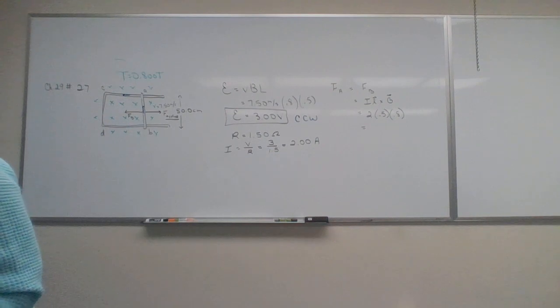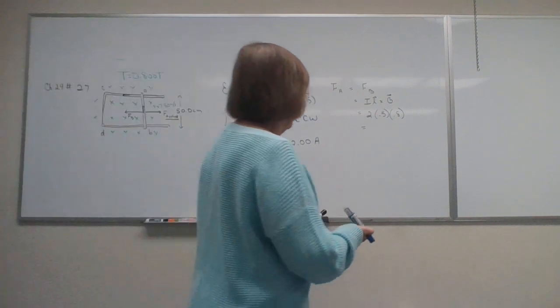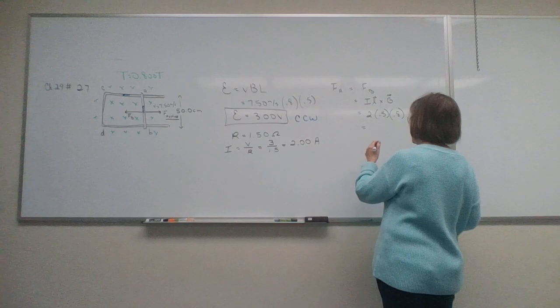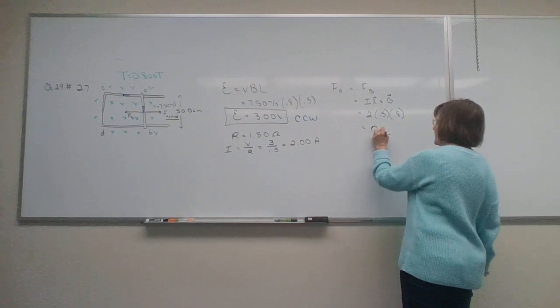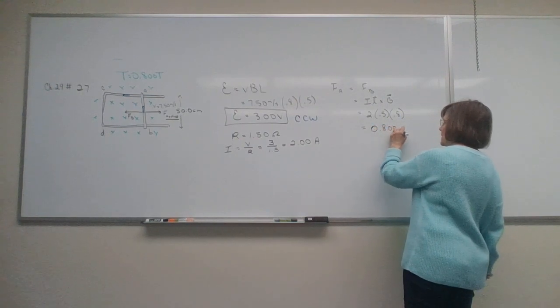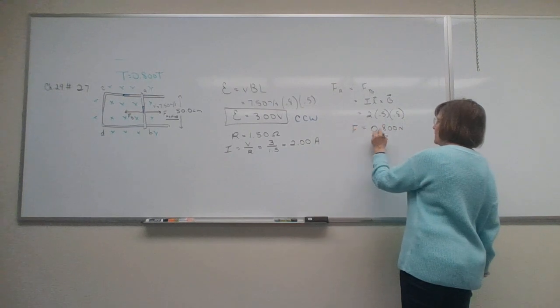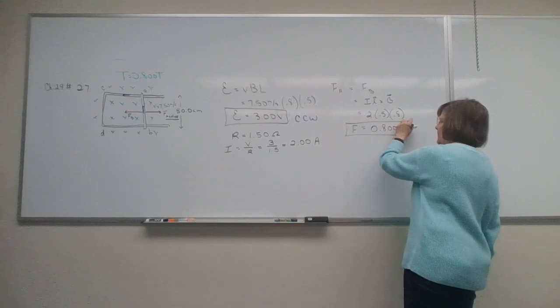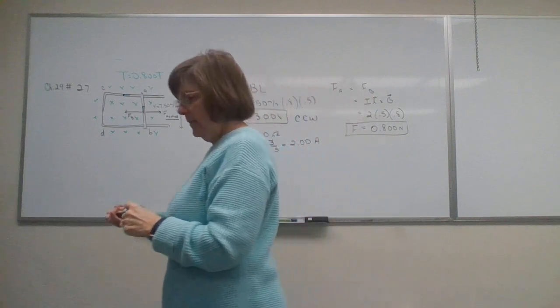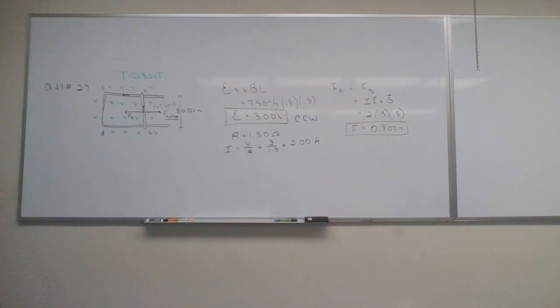And that, well, yeah, that's 0.8. 2 times 0.5 is 1. I'm getting 0.8 newtons for my applied force. I'm going to have to pull it to the right with 0.8 newtons of force to counteract that magnetic pull. Double check that one. That's right, we've got it correctly.